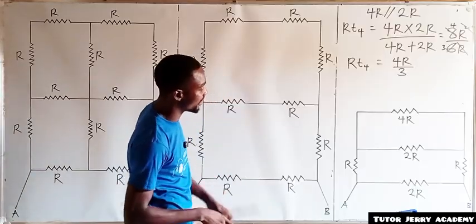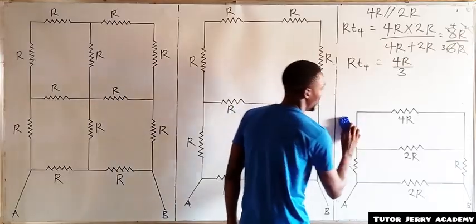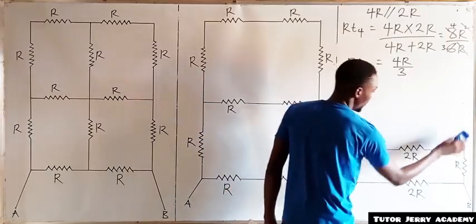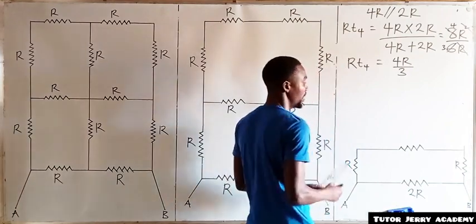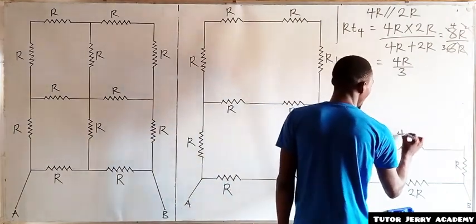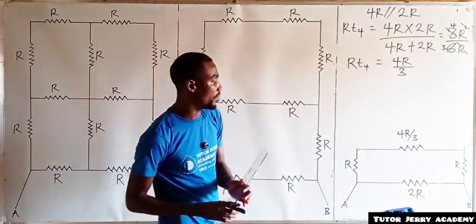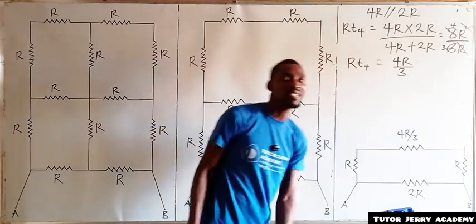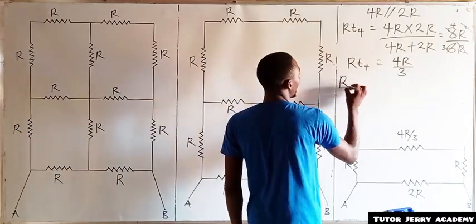So we can clean this part, and here we are going to replace what we have there with 4R over 3. You can now see clearly that this and this will be in series, right? Now let's continue with RT5.